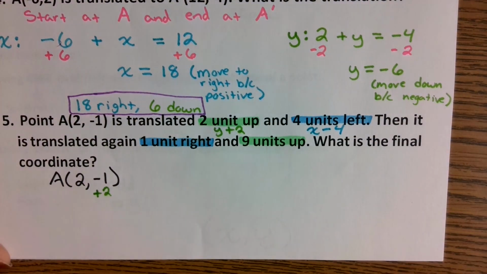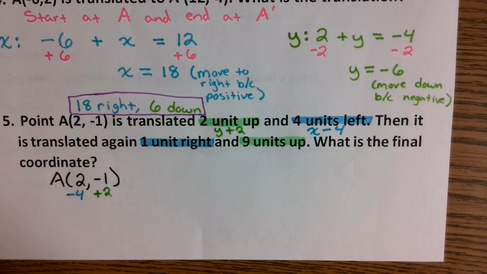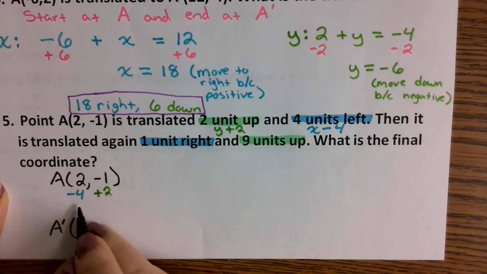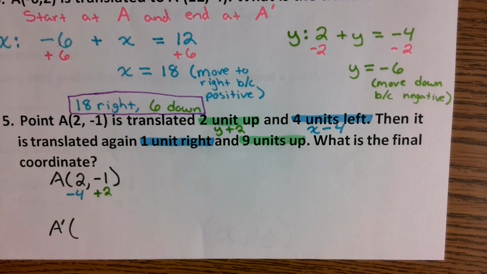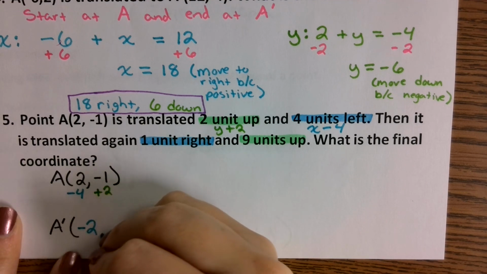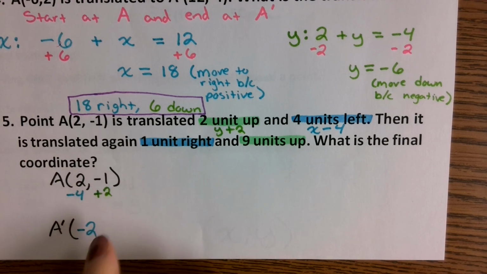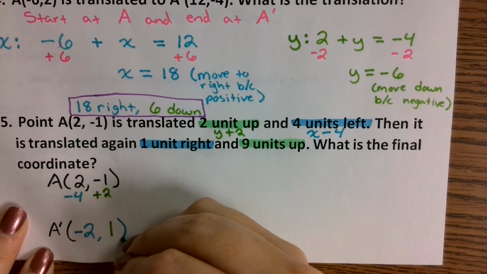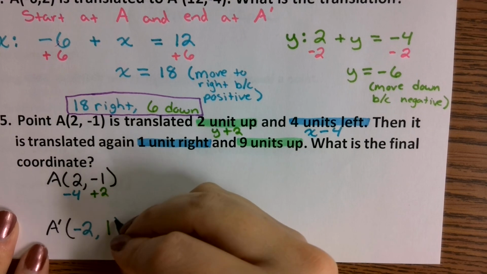So I'm going to subtract 4 away from my x unit. Okay, that's going to take me down to a prime. So 2 minus the 4 is going to come out to a -2. And then -1 plus 2 is going to come down to a +1. So that's where a prime is located.